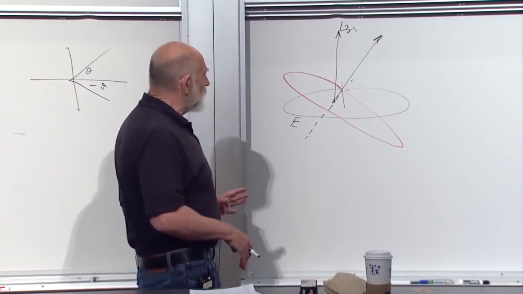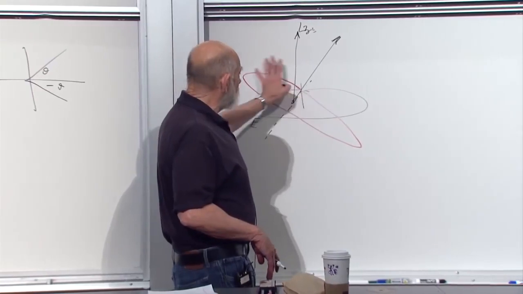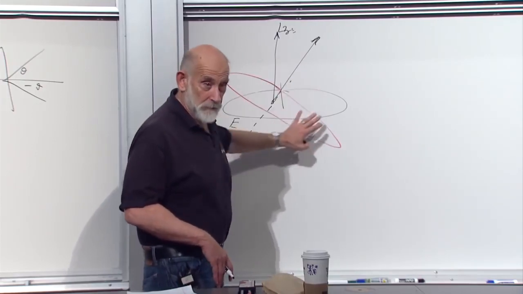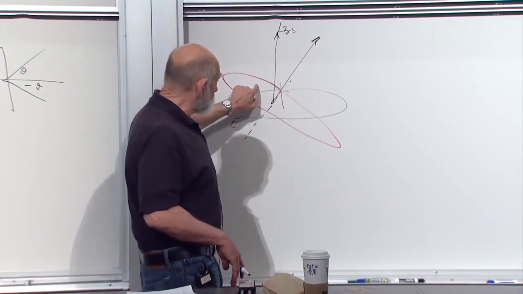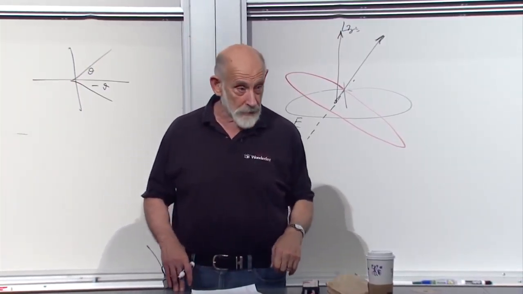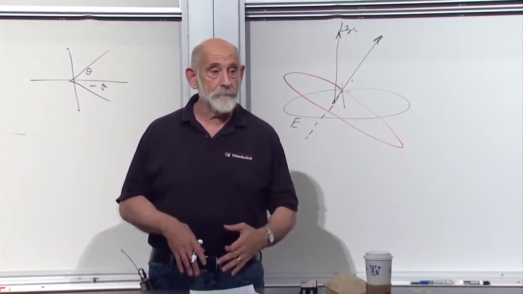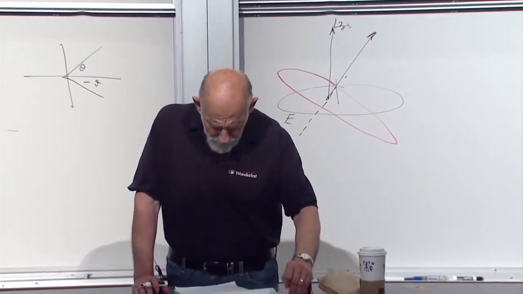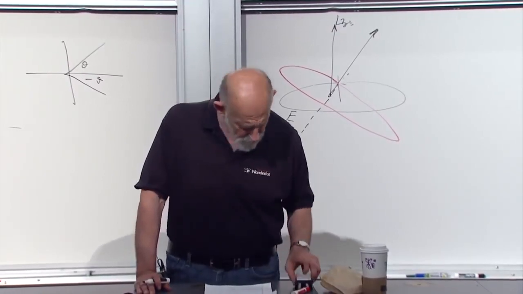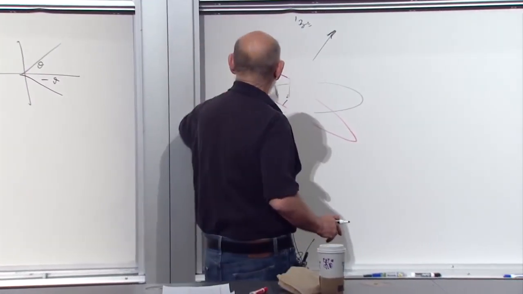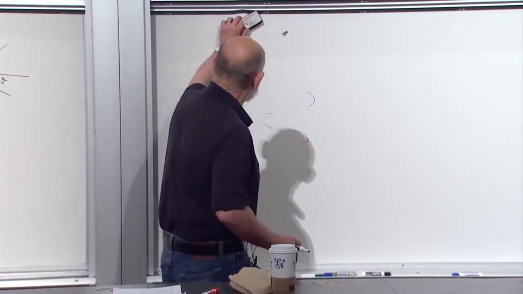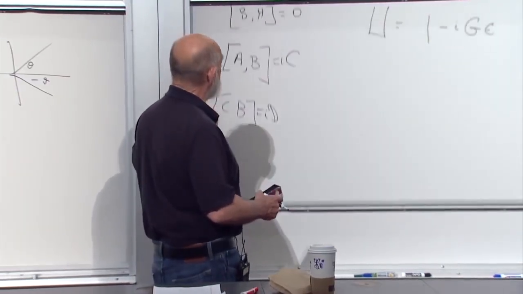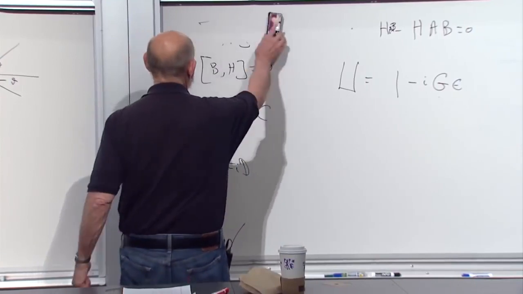Just at the classical level, the combination of the different rotation invariances about different axes tells us unequivocally that there must be degeneracy of the orbits, that there must be orbits with the same energy with rotated angular momentum. That's the basic idea classically. So let's go through it quantum mechanically. The first thing we have to do is understand the angular momentum generators better. So let's come back to the angular momentum generators. Their form, previously I just said minus i d by d theta.